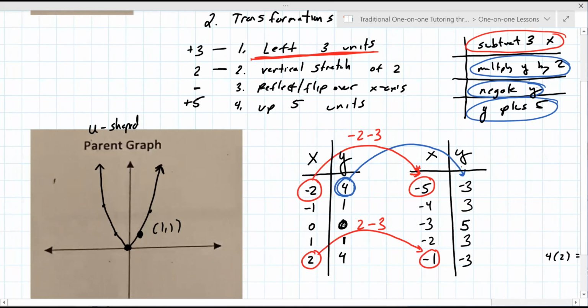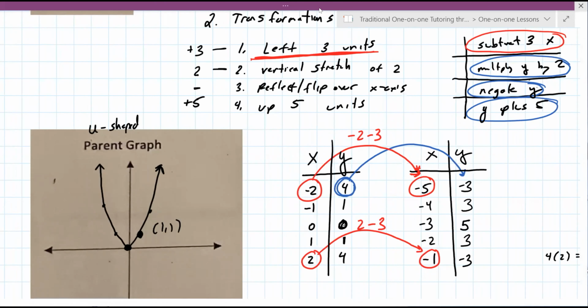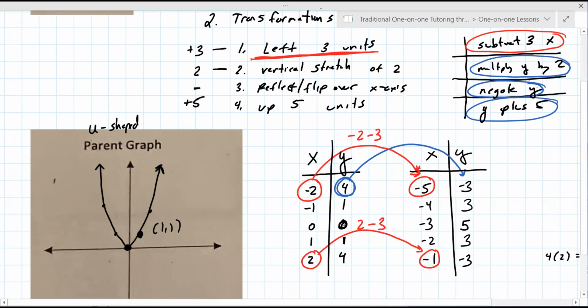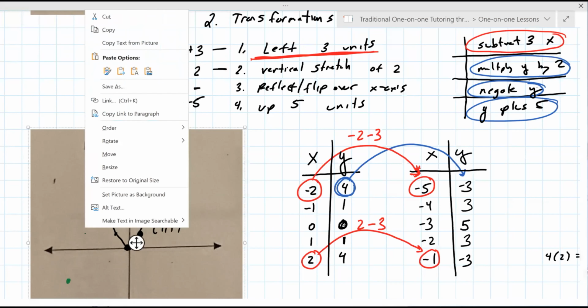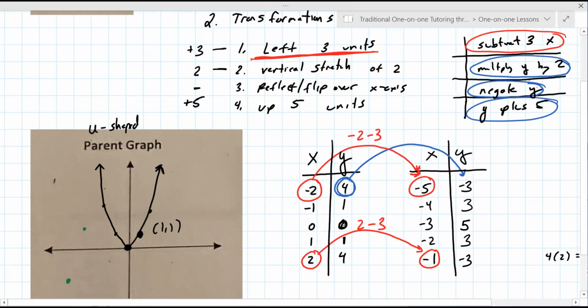Okay. So graph these new ordered pairs. And let me do it in a different color here so you can see in the chart. So -5, -3, that's down here. -4, 3 is here. -3, 5 is up here.